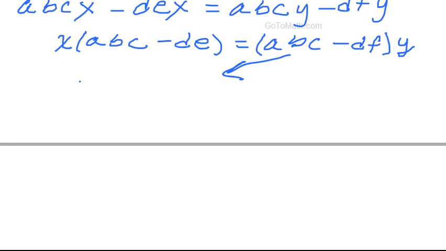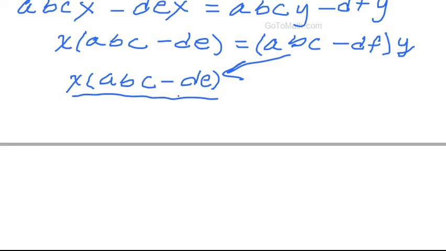So we end up with x times A times B times C minus D times E, and it's all over A times B times C minus D times F. And no need to put parentheses around that. And of course that's all equal to y, but I think in the answer in standard form I always write the variable that we're solving for over here.